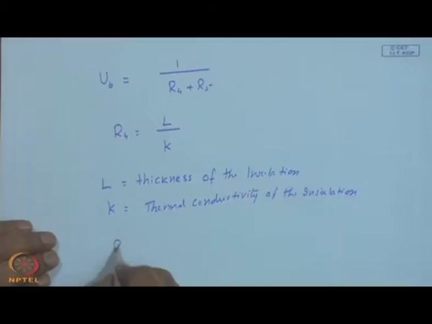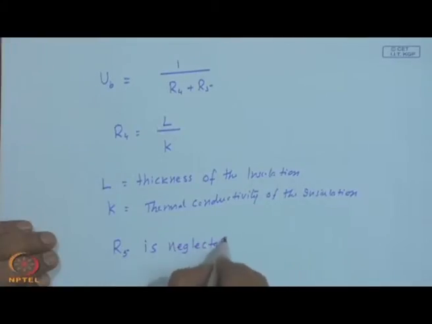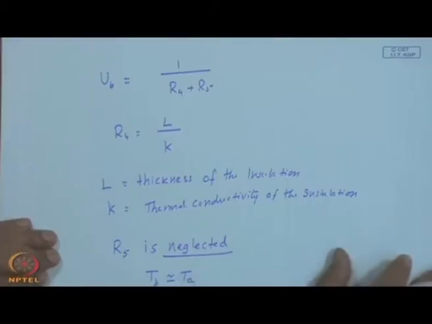And usually R 5 is neglected, because T B is almost pretty close to T A.